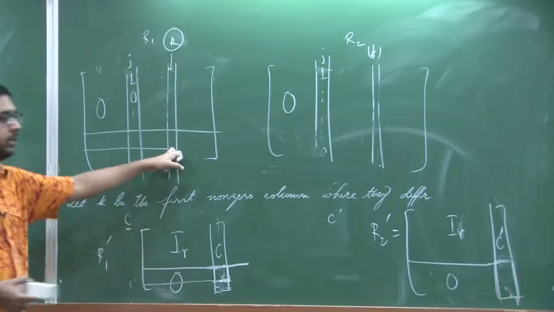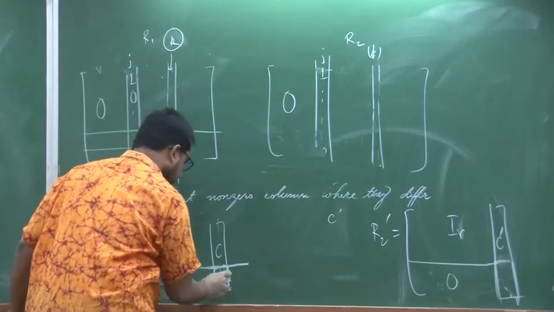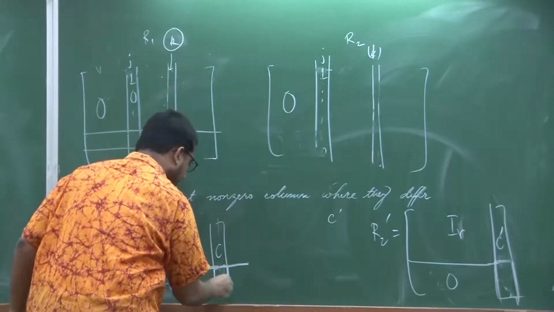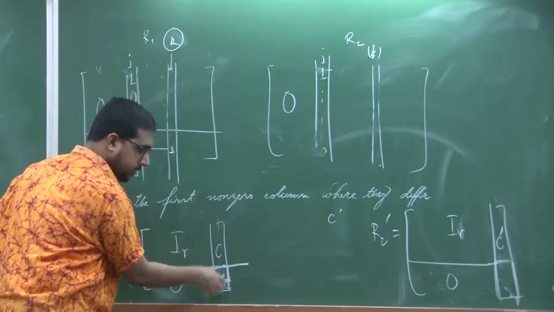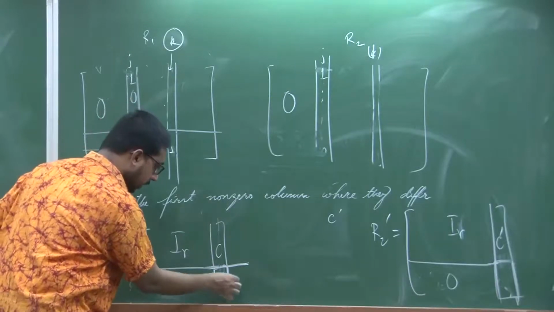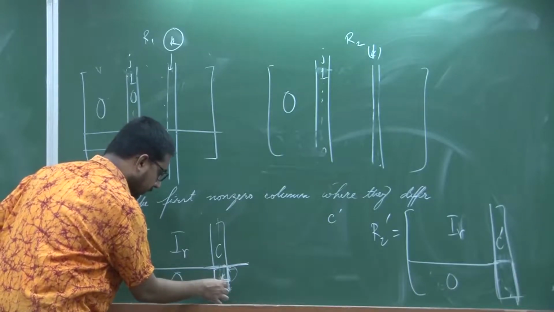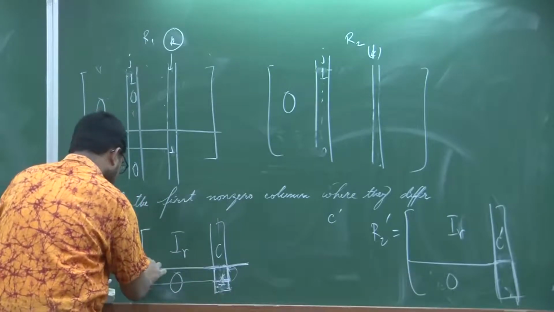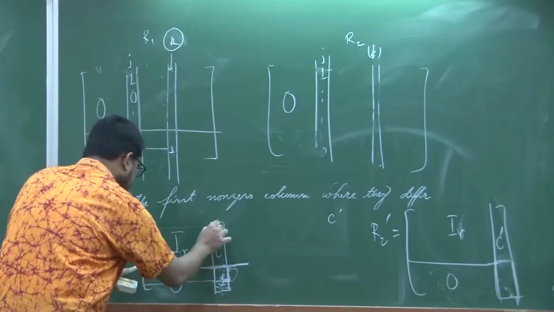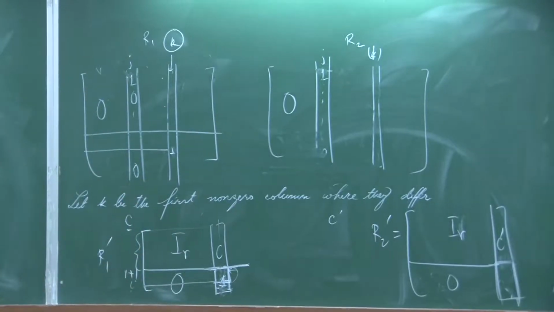So, since this is a row echelon form, this has to be 1. Once this is the 1, since this is a pivot, everything else will be 0, and this pivot has to come right after this identity block, that is at the r plus 1th row. This gives us this matrix.